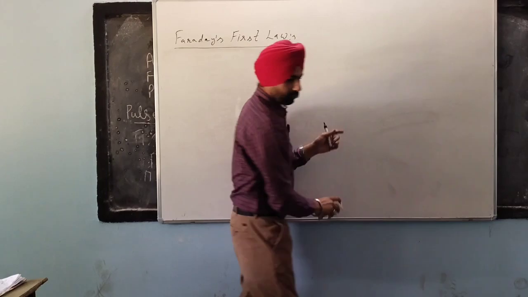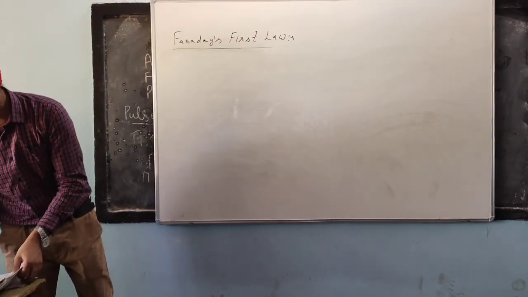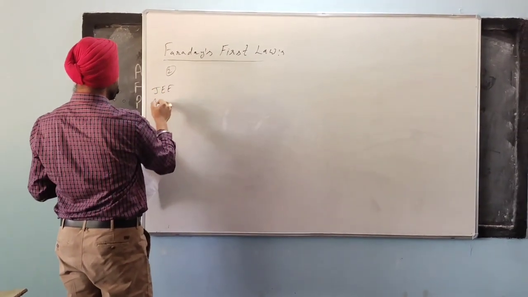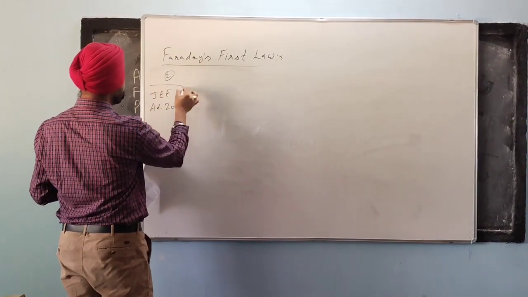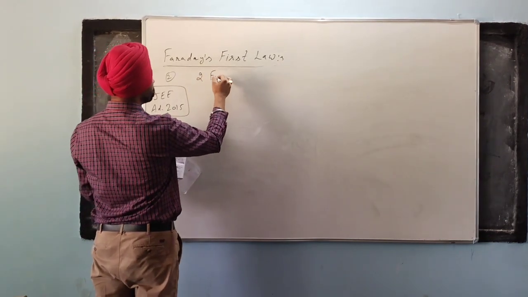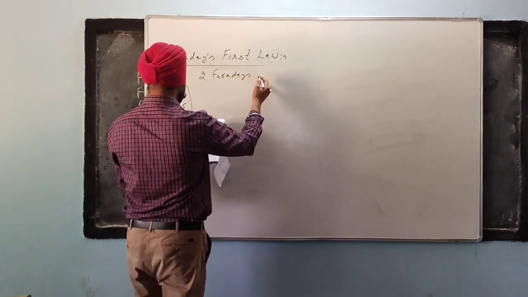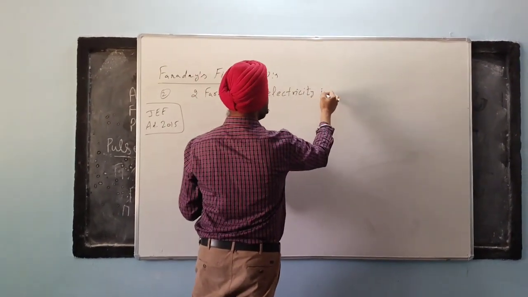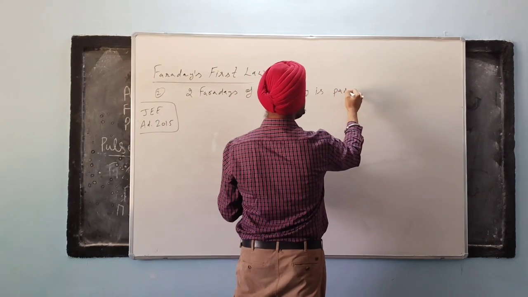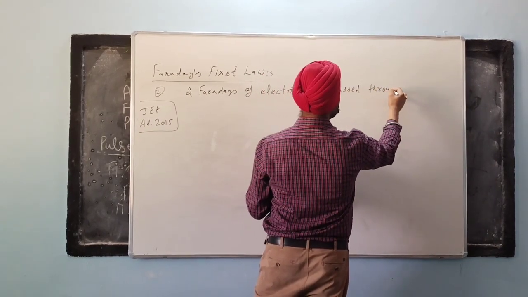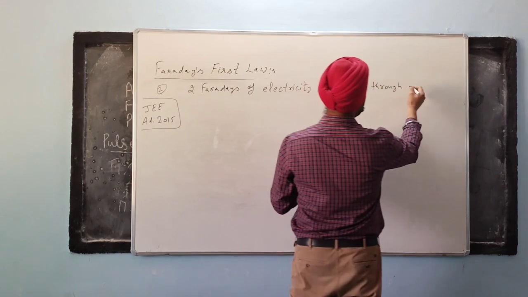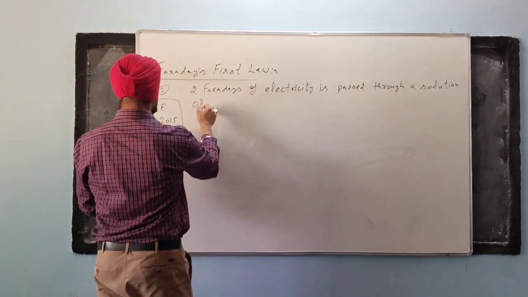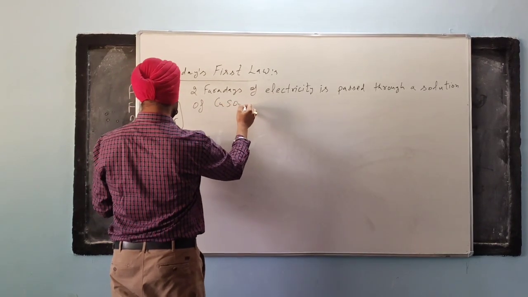So I will write the equation for this question. Yeah, it is question number 2, JEE Advanced 2015. 2 Faradays of electricity is passed through a solution of copper sulfate.